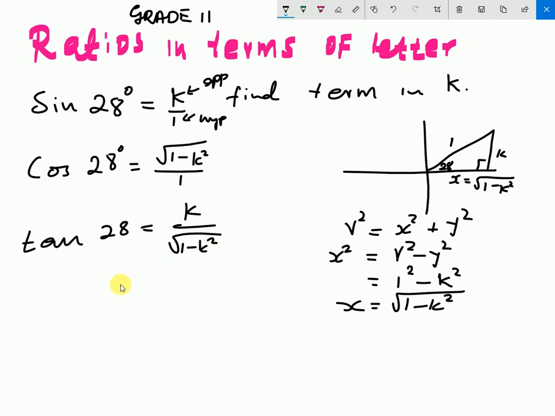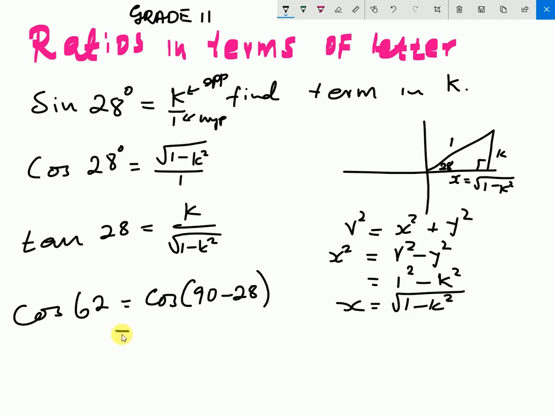Okay? And if you are requested to find the cos of 62, what do you do, people? You can use the reduction formula to say this is the same as the cos of 90 degrees minus 28.